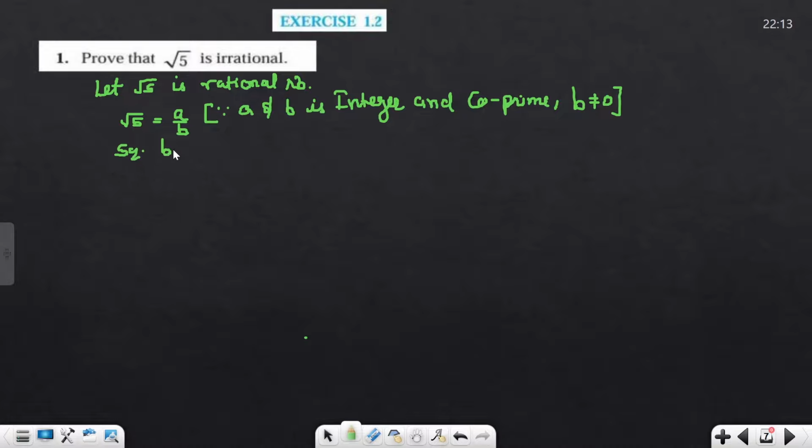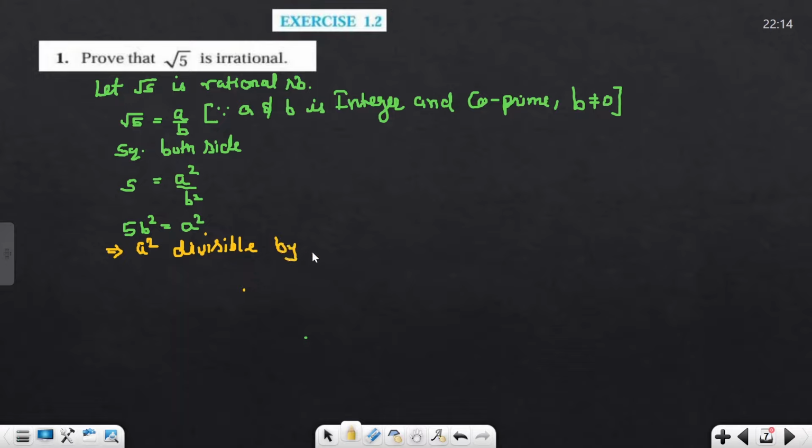Next step, squaring both sides. Root 5 squared is 5, a square divided by b square. So 5b square is equal to a square. It means what? Write the same thing. It implies a square is divisible by 5.